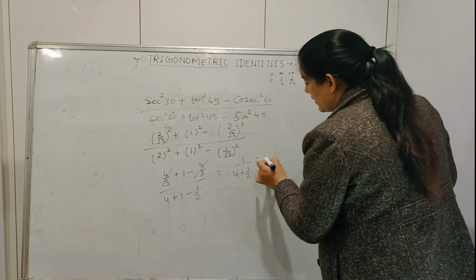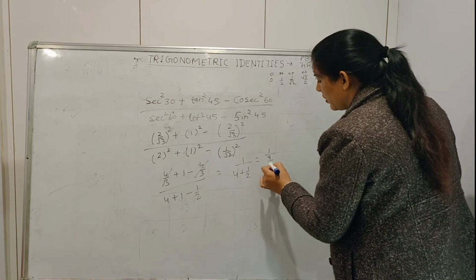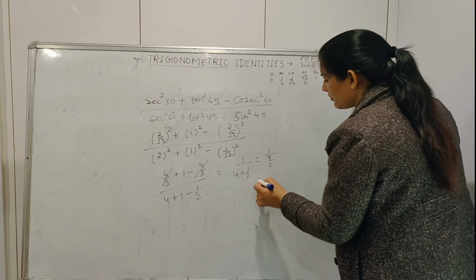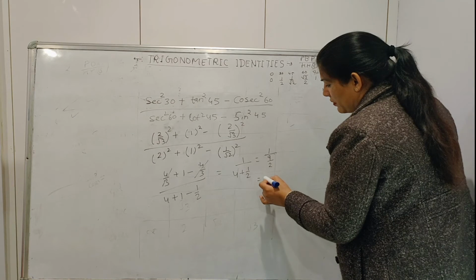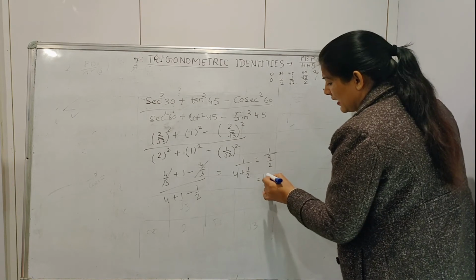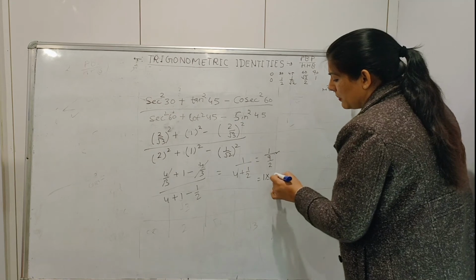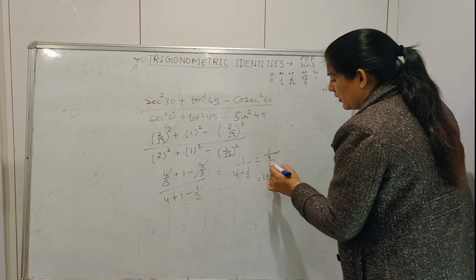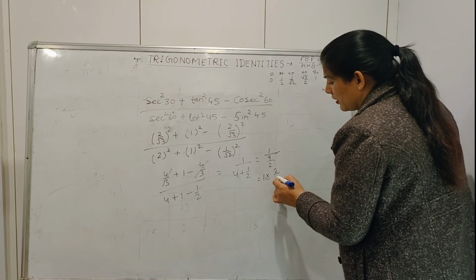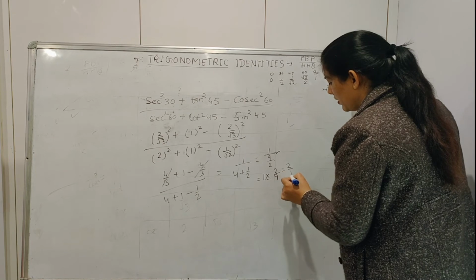So it is 1 upon 4 plus 1 minus 1 upon 2, which is 9 upon 2. So the division sign changes into multiplication while the denominator fraction gets reciprocated. So the answer is 2 upon 9.